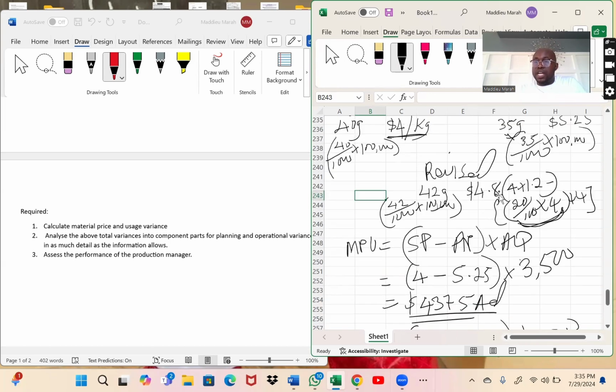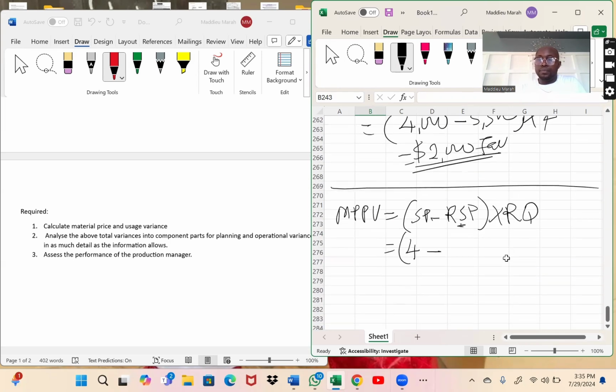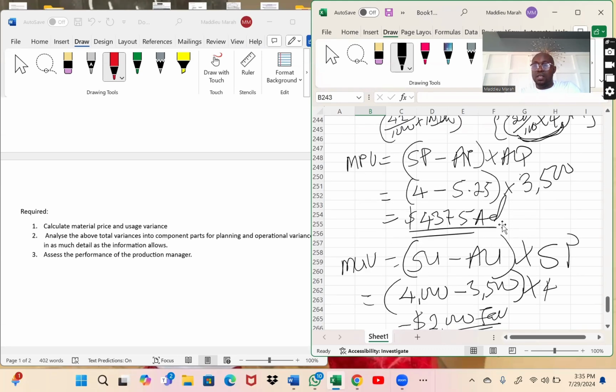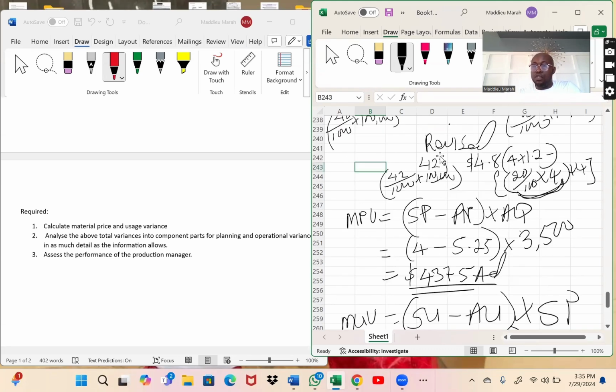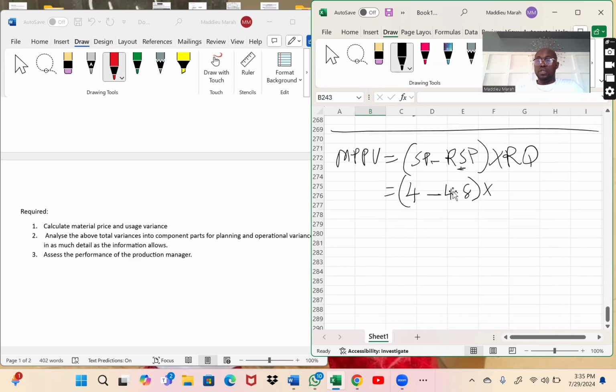Our revised standard price 4.8, multiplied by our revised quantity. What's the revised quantity? 42 grams, 42 divided by 1,000 times 100,000 actual production gives us 4,200.